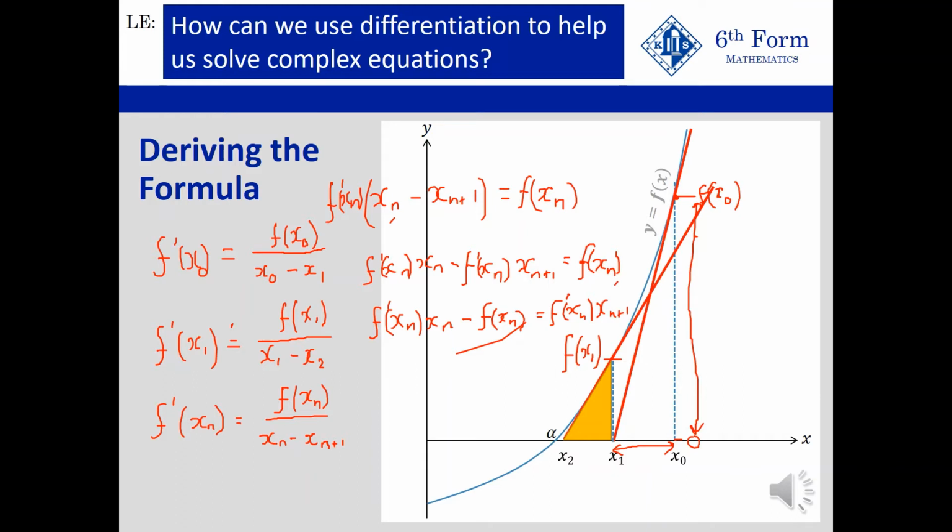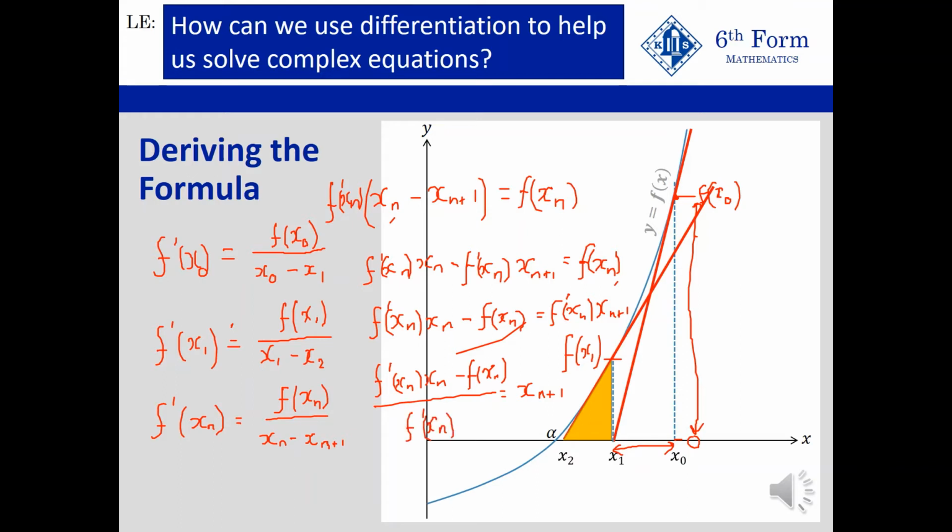And we're going to divide through by f dashed of xn to get us a formula for xn plus 1. So xn plus 1 is going to be f dashed of xn multiplied by xn minus f of xn all divided by f dashed of xn.